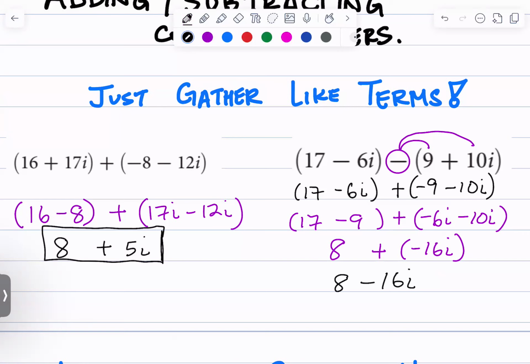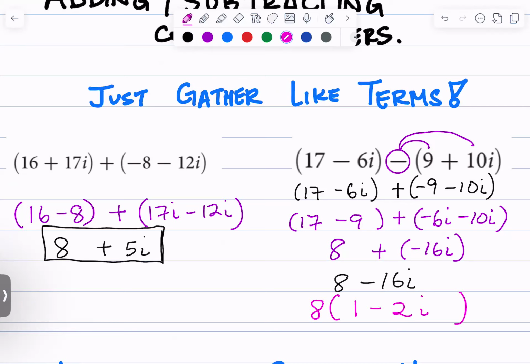Now, what's in common between 8 and 16i? Eight can go into both of them. So what I'm going to do is take them out. And what's left over is 1 minus 2i. Okay, when I factor out an 8, it's like I'm dividing by 8.